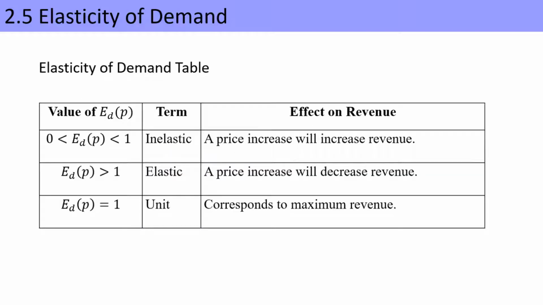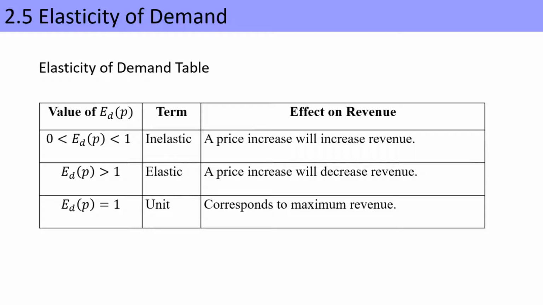Now let's summarize all of that in the elasticity of demand table. For the value of the elasticity of demand with respect to P, if it is between 0 and 1, we say that it is inelastic, and inelastic means a price increase will increase revenue.